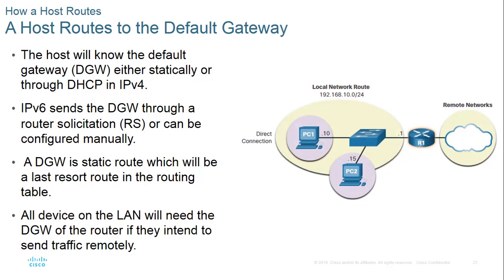The network address is 192.168.10.0, and the IP address which identifies PC1 is 192.168.10.10, while PC2 will have 192.168.10.15, and the local interface of the router will have 192.168.10.1 as an IP address.